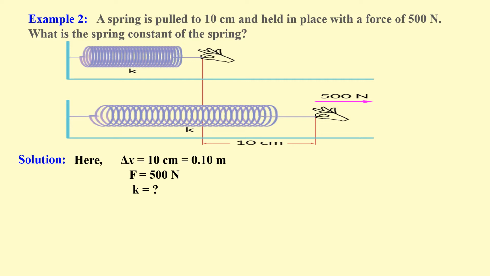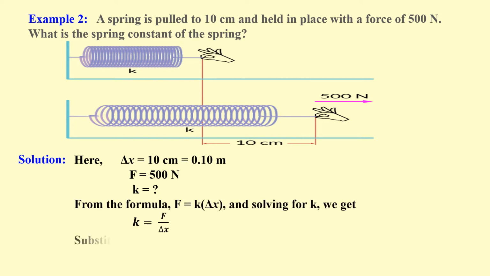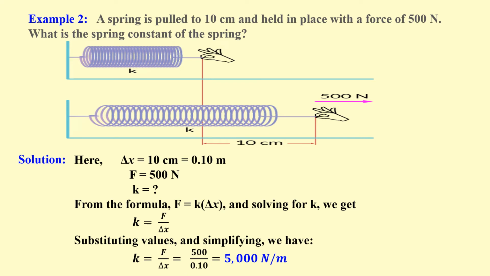The force is 500 newtons and we are required to find the spring constant k. From the formula F equals k times delta x and solving for k, we get k equals F over delta x. Substituting the values and simplifying, we have k equals 5,000 newtons per meter.